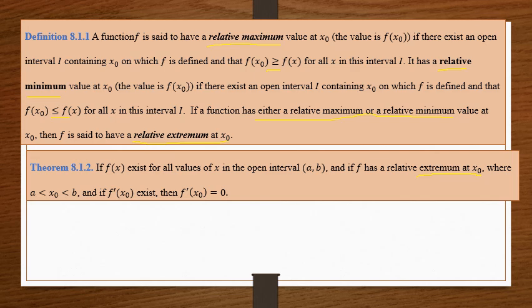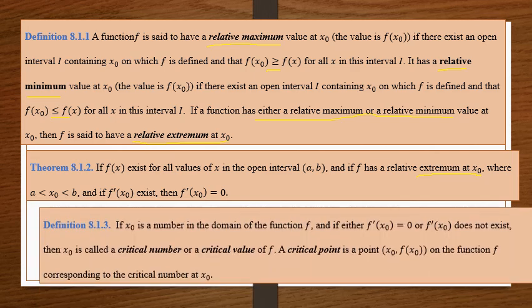So, kung yung function natin na f of x class is mag-exist siya for all values of x in the given open interval, and then that function has a relative maximum or relative minimum at the point x sub o, then yung first derivative ng function na yun is equal to 0.